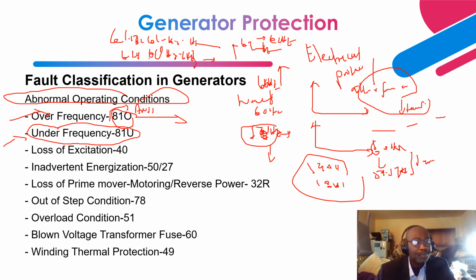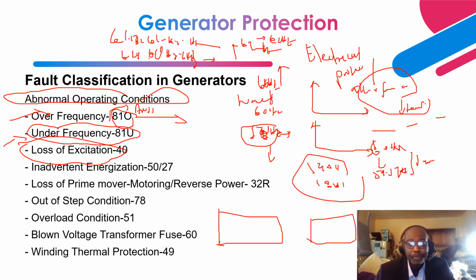Okay, so now let's talk about loss of excitation. Let me explain that. You have a turbine, then you have a generator. You have a turbine shaft, then you have a generator shaft, and in between is a coupling shaft.